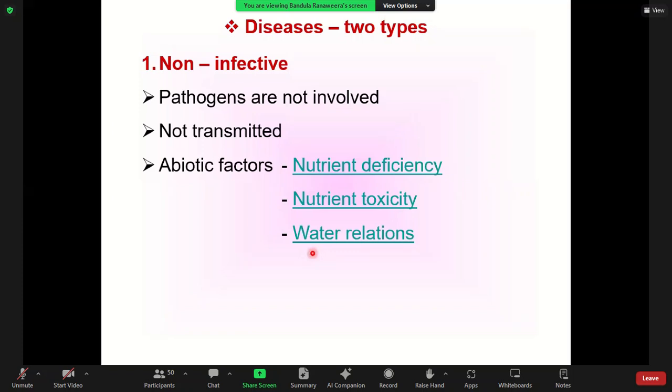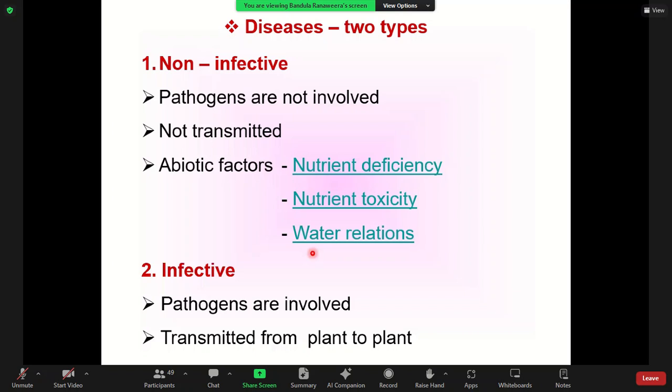For example, two plants with a lower level of water supply may show wilting symptoms, but that doesn't mean the disease is transmitted from one plant to another. The disease appears on both plants because both have the problem of lower water. Otherwise, it is not transmitted.